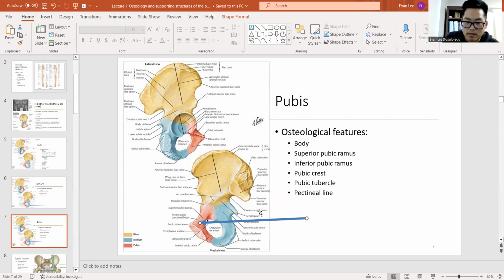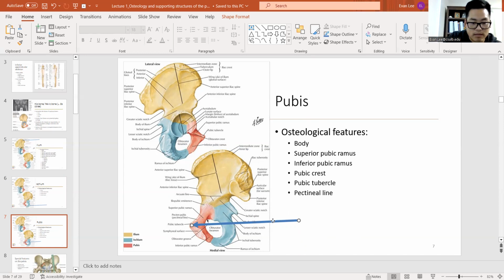The large part of the pubis right over here is the body of the pubis. Then if you look at the top over here, you'll see a couple of different landmarks. The first, near the medial anterior superior side, is called the pubic tubercle.